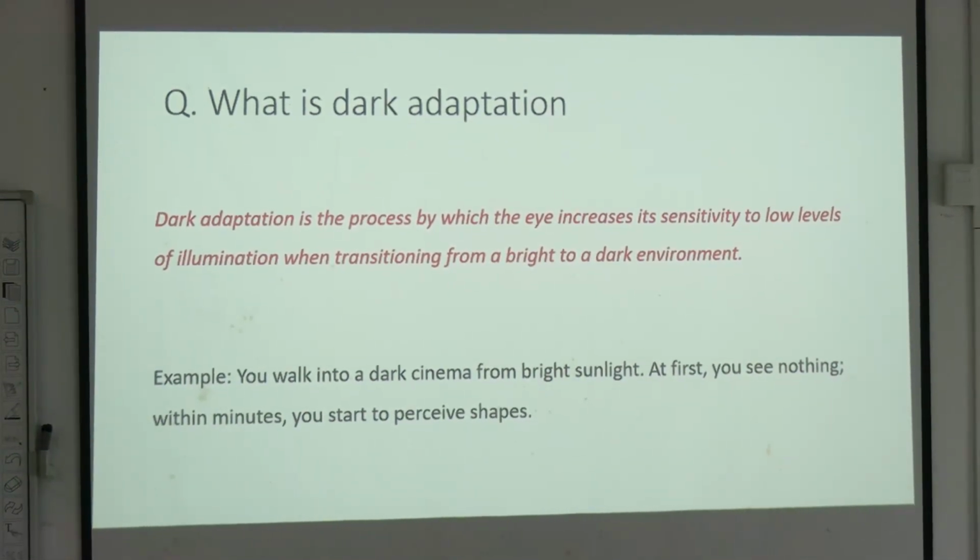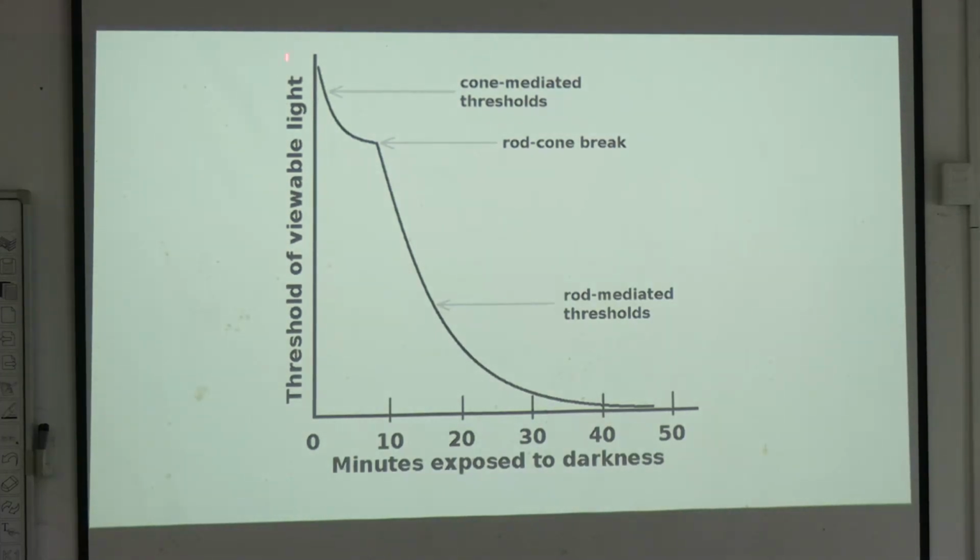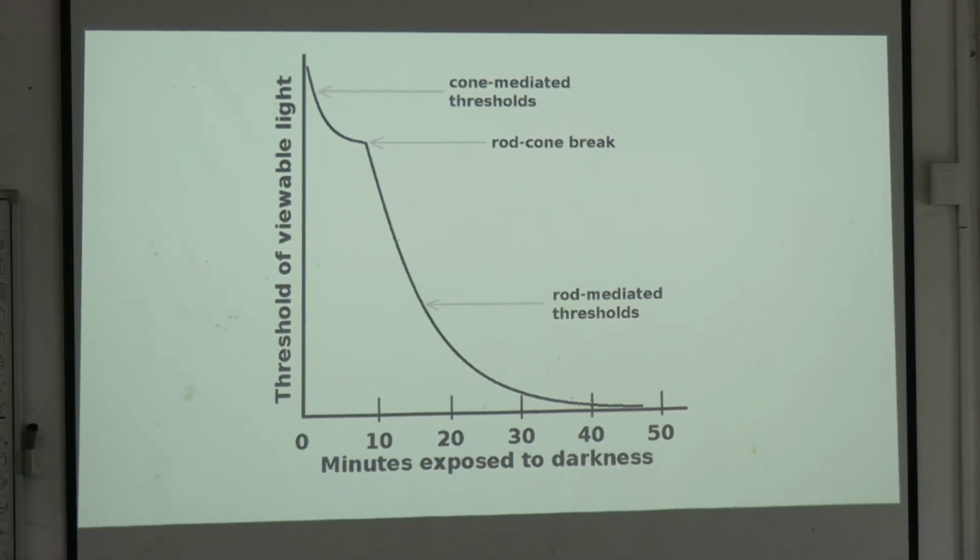Okay, next we have talked about dark adaptation, and there is a curve of dark adaptation. So cones act first, and this is the rod-cone break. Initially when you enter a dark room, sensitivity first increases for the cones, but after 5 minutes it plateaus, then rods come into action, and the remaining part is due to rods.